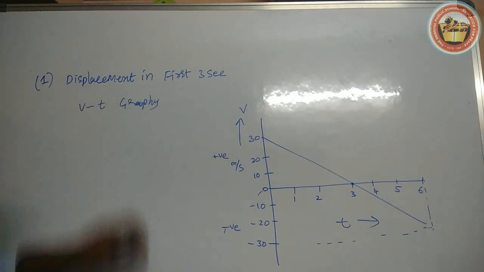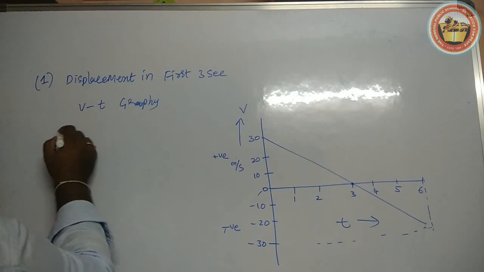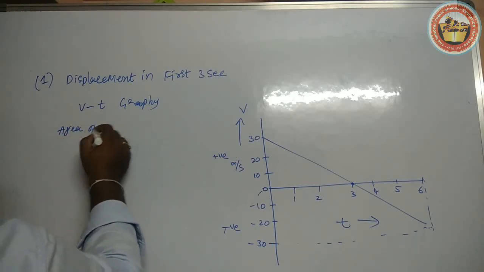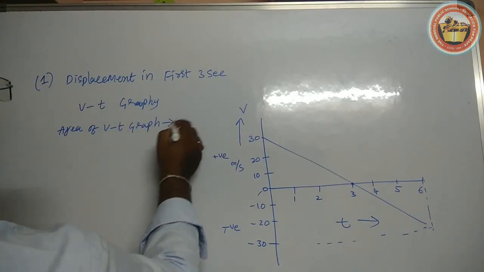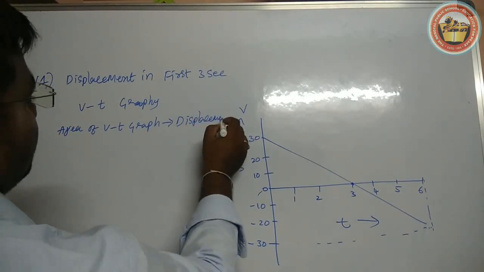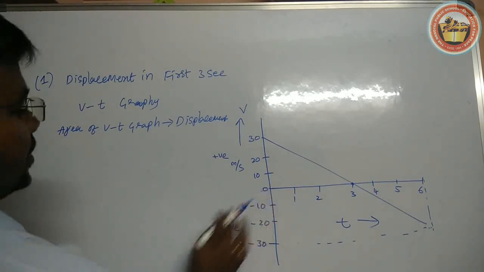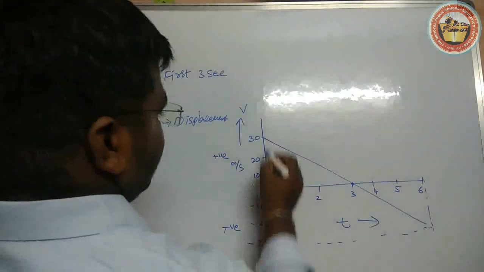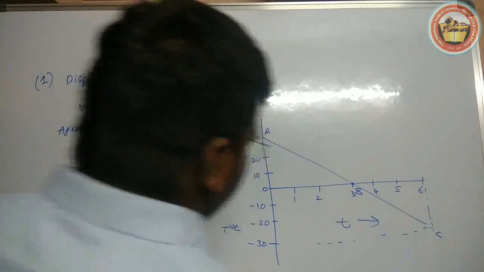In a velocity time graph, how can we find displacement? The area of the VT graph will give displacement. Understand? So here A, B, C, point C, like that.